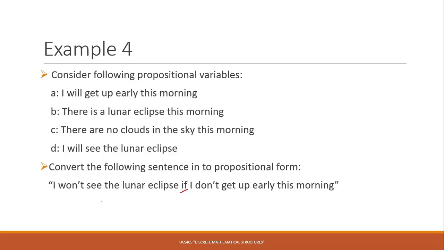It is in the form of if then. If I don't get up early this morning is represented by negation A, because A is I will get up early this morning. Then I won't see the lunar eclipse, that is negation D. So the translation is negation A implies negation D.